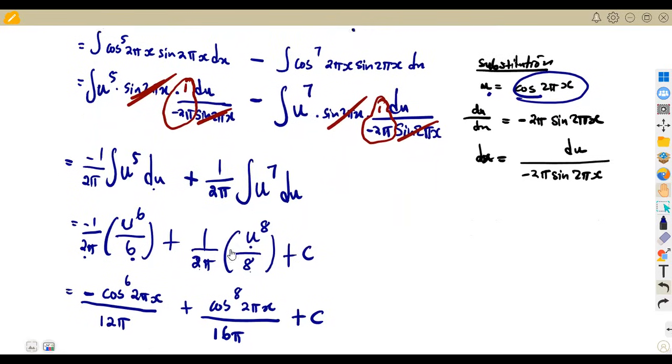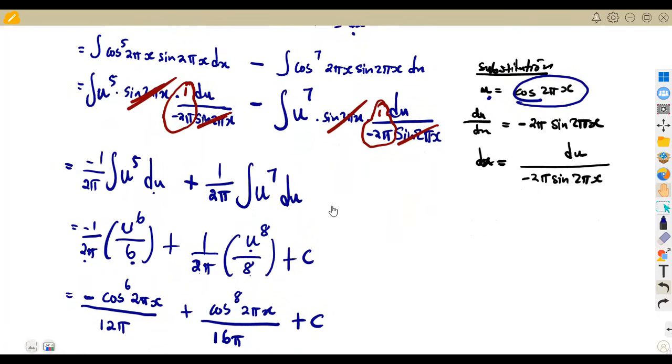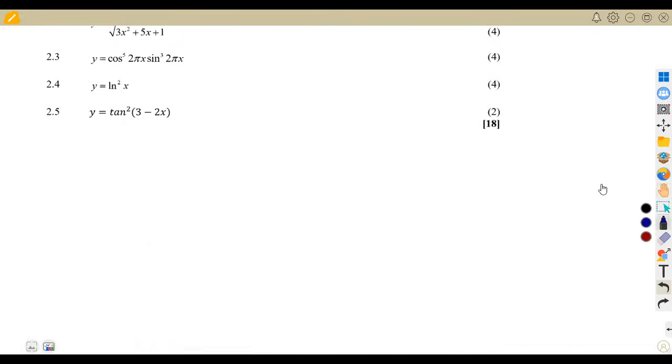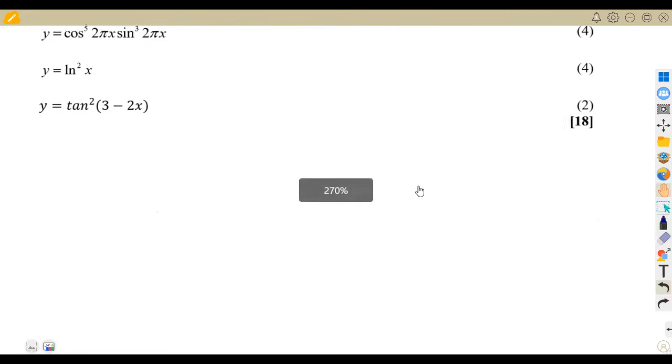If there is a product of a sine and a cos, how do I work with a tan and a cot? Those are the ones in your syllabus. You're done. So you see, it's very, very easy. You just have to know each part. So make sure that you watch the introductions on each and every part so that you understand what we are talking about.